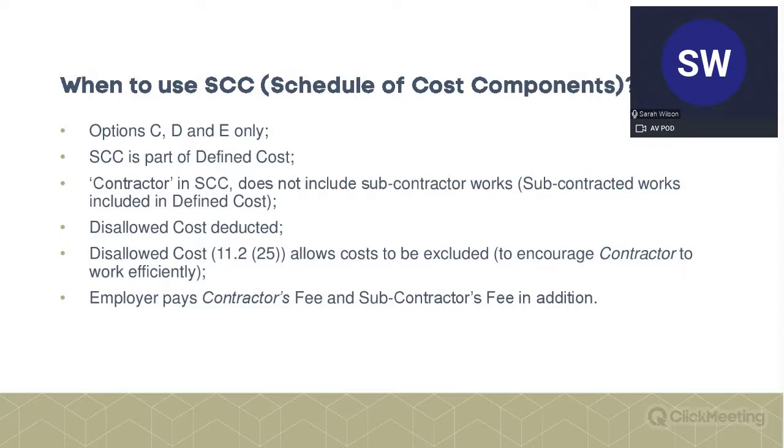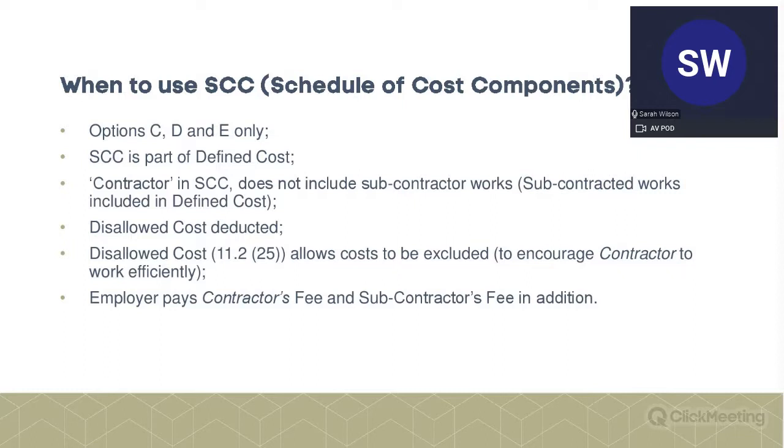So you have your defined cost. A disallowed cost can be deducted from whatever the defined cost is. Disallowed cost is defined at 11.225 of the contract, and it pretty much makes sense when you look at it. Such costs include things like the contractor not working efficiently.